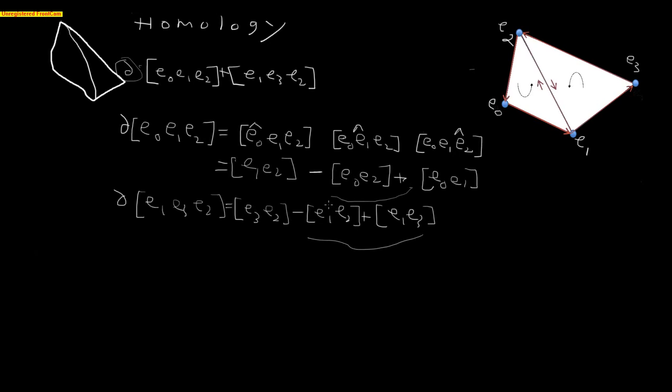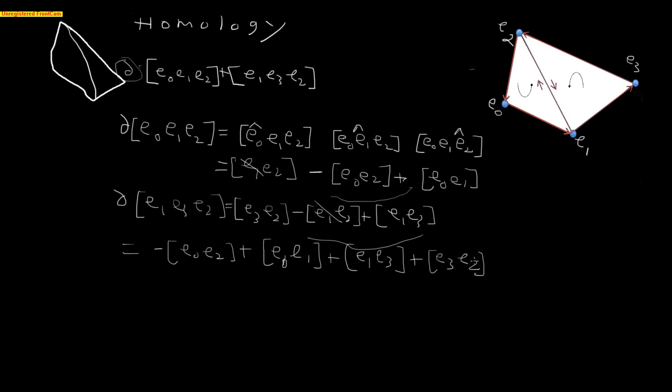And if we note that here we have minus [E1, E2], and here we have plus [E1, E2], so this cancels with this, and we get just the remaining four terms: from the top minus [E0, E2] plus [E0, E1], plus here we have [E1, E3] and here we have [E3, E2].